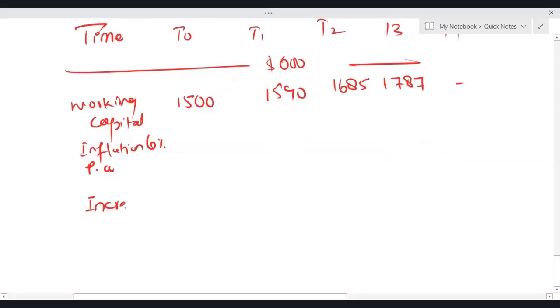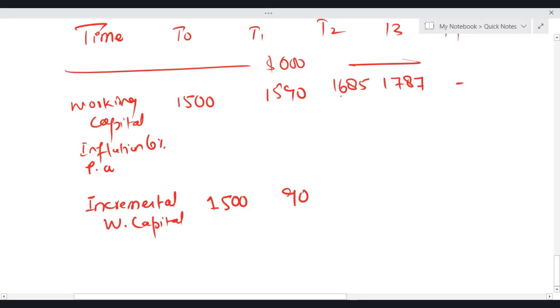Let me show you. Initially the working capital requirement is 1500. There's no doubt about it. After that, the working capital requirement increases from 1500 to 1590, so 90. Then from 1590 to 1685.